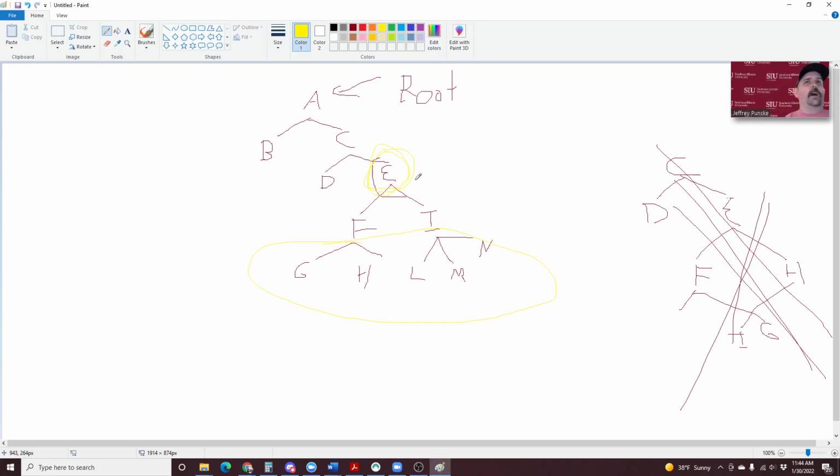So we'll often use, informally, these are informal definitions, terms like daughter, mother, and aunt. We'll talk more about aunt in a second.